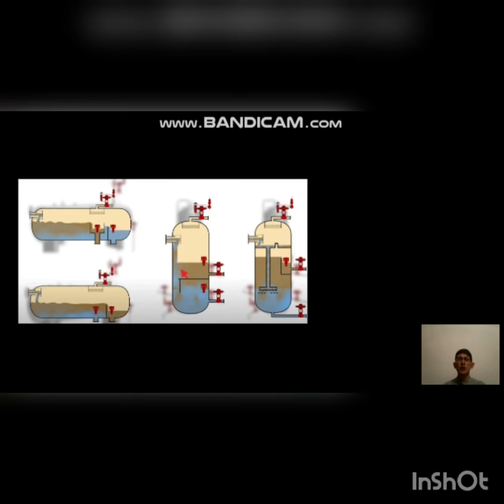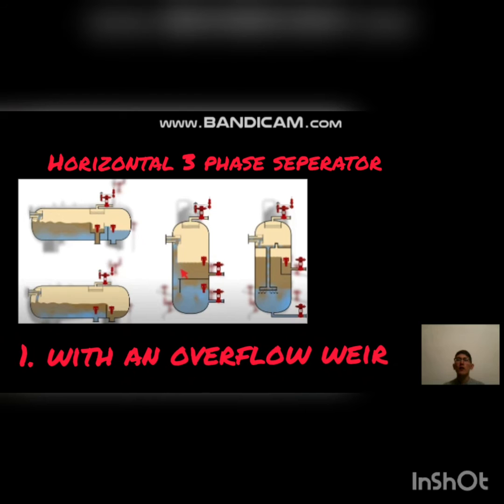On this picture you see 4 types of separator. Separator helps us to separate or clean the oil from water and the gas. And here we see 4 types. First type is horizontal 3-phase separator with an overflow weir.